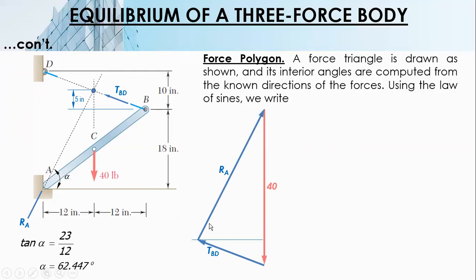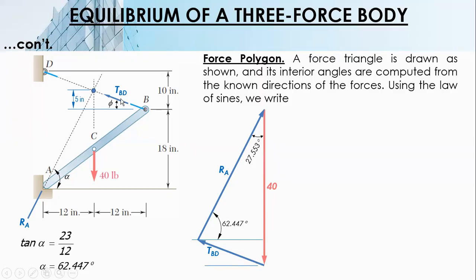Now, this one is alpha, the direction of RA from the x-axis, 62.447. Next, consider this right triangle, which has a 90-degree angle. So this one is 90 minus 62.447, which is 27.553.